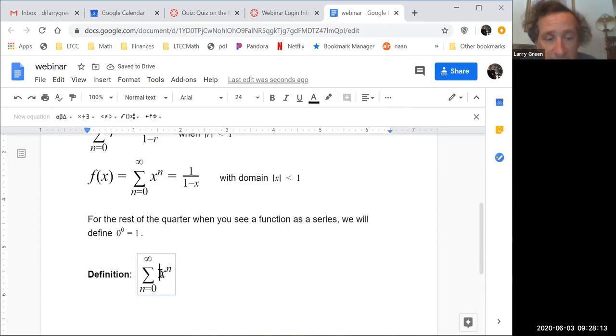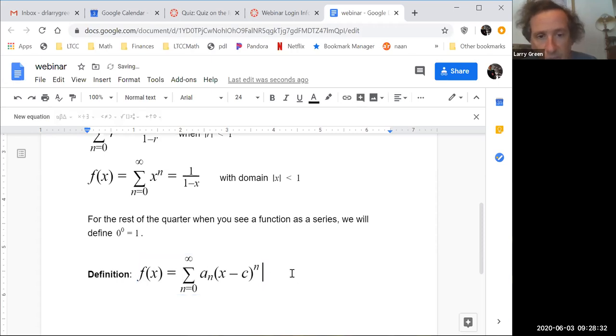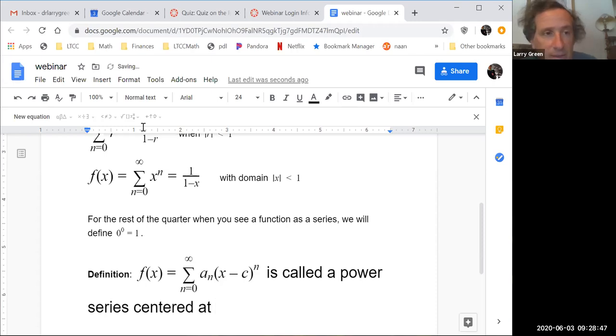If you have a summation of a sub n times x minus c to the n, and I'm going to even write that as f of x, it is called a power series centered at x equals c.